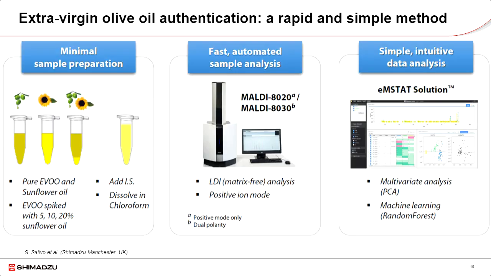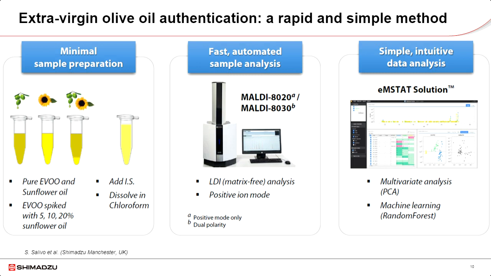So here is the analytical workflow. It consists of a minimal sample preparation, as it does not require any extraction, but only a simple dilution of the oil in solvent. The adulteration was simulated by spiking the EVO with sunflower oil in quantities of 5, 10, and 20%.